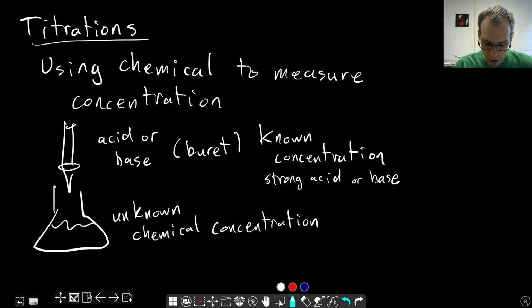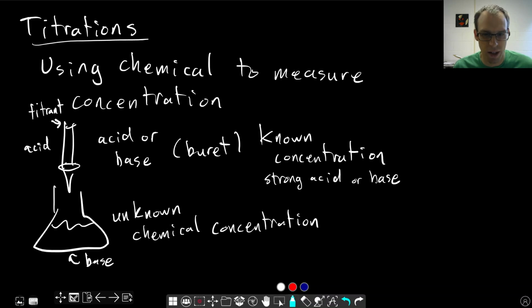So if you want to measure an unknown base, for example, then what's called the titrant, that is our solution up here that we know the concentration of, will be a strong acid, and we would flip-flop those if we wanted to measure an acid that's our unknown chemical concentration. We would use a base as the titrant. And so this is the basic idea of a titration, is that we use the chemical reaction.